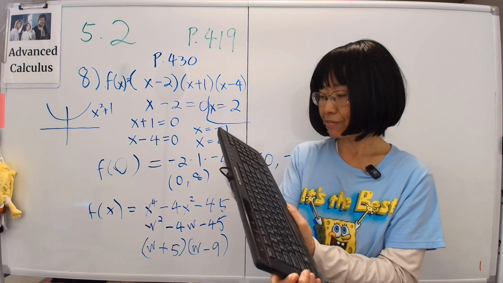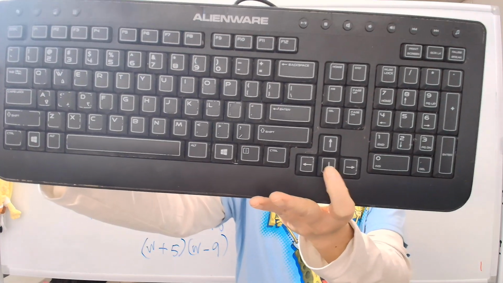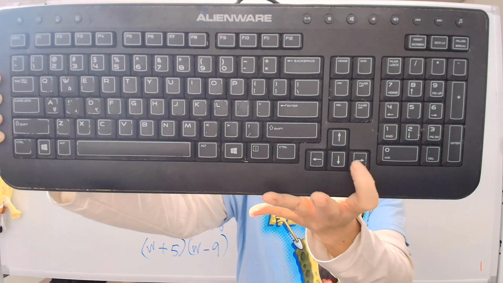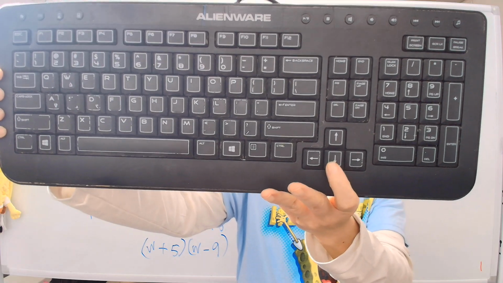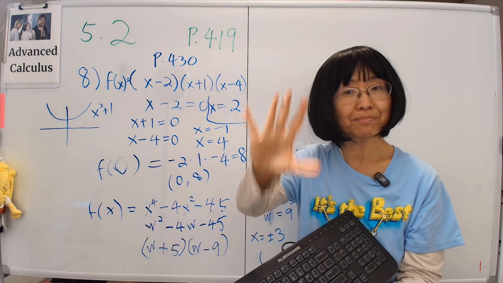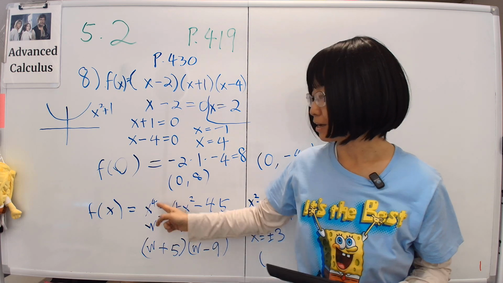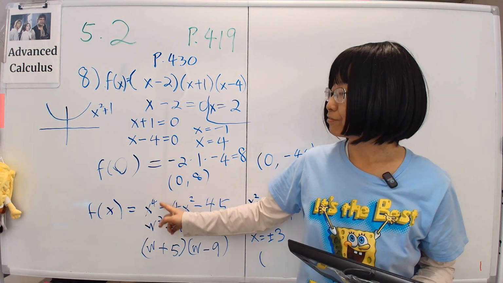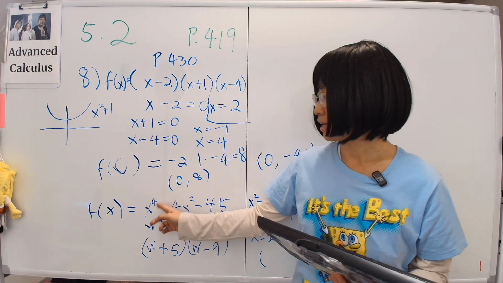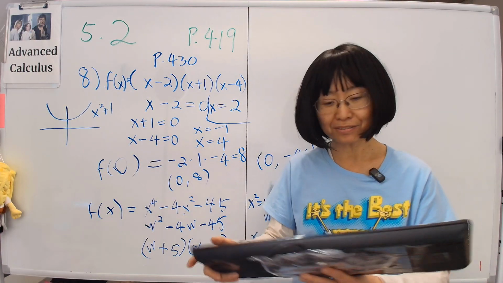I believe you can push the down arrow, or you can move the cursor away and click it, and that would also move the cursor out after you type 4. But anyway, you figure out how to type the 4. That's just shift 6, and then how to get out of there, and then keep going until you type the whole thing in, and that'll give you the graph.